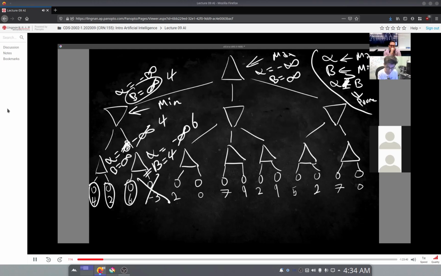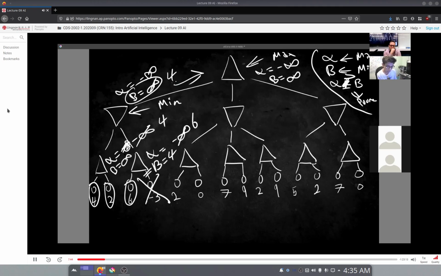Now we are moving on to the next branch. But first we have to move this value back up. Is 6 smaller than 4? No, it's not. And is 4 smaller than 4? Well, it's equal to 4, so we stick with our 4. Now we go back and put this value back up.